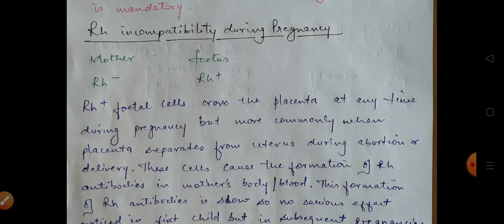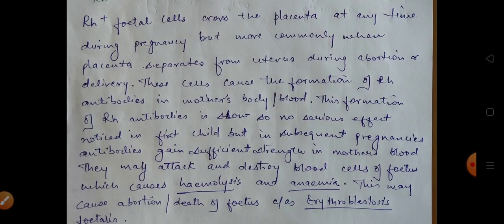These cells cause the formation of RH antibodies in the mother's blood. Though the formation of these antibodies in the mother's body is very slow, so the action of these antibodies on the first fetus, the first child, is not that serious.